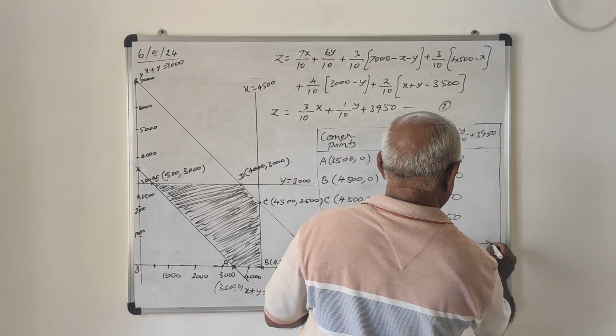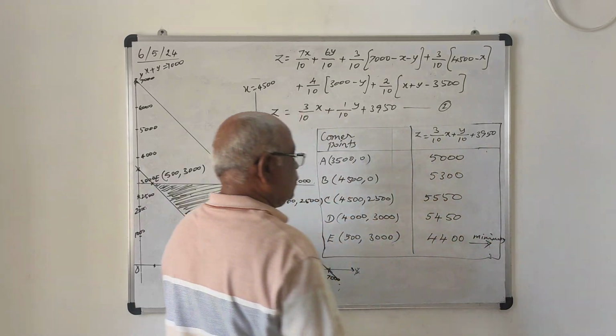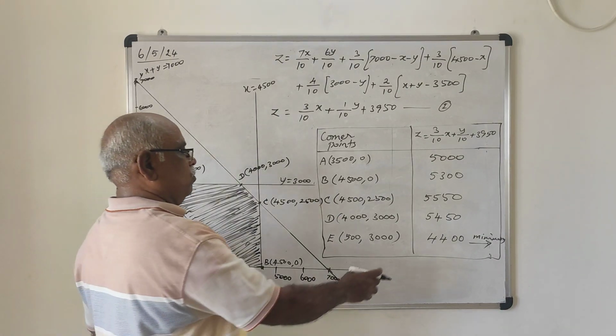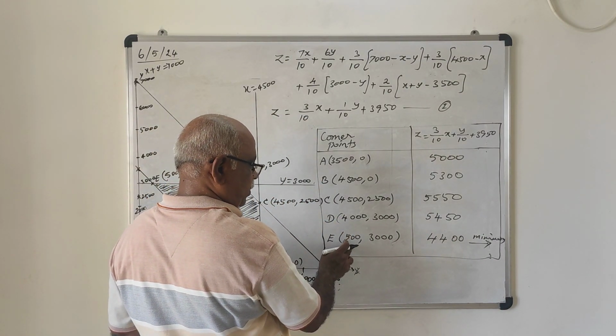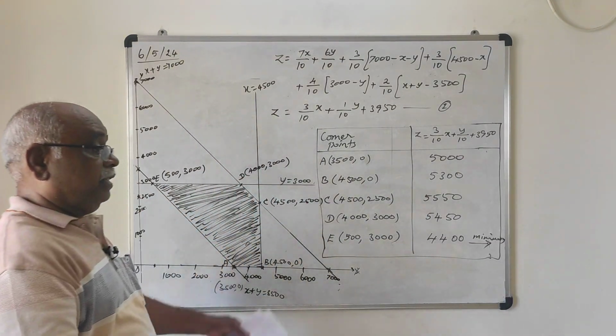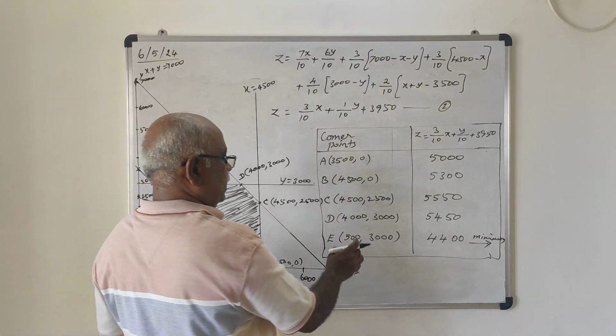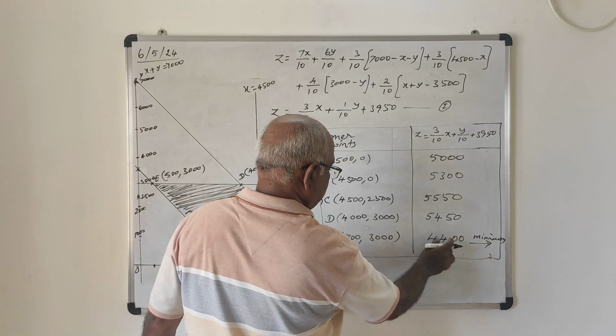From this you can say this is the minimum value. The transportation charge is minimum, that is 4400, at x value 500 and y value 3000. On substituting x equal to 500 and y equal to 3000, you will get the minimum cost.